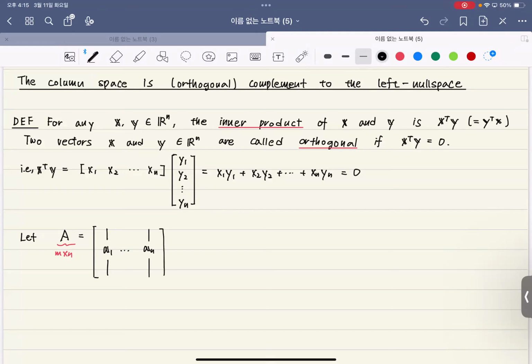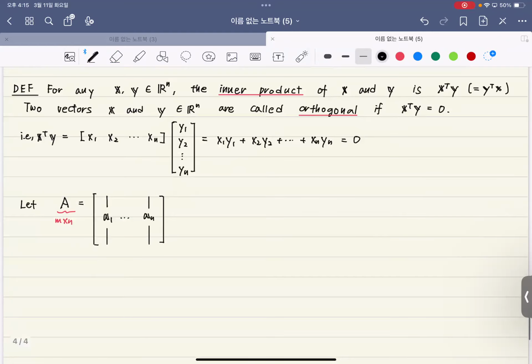This is my matrix A. Then I choose any random vector y from the left null space. In other words, y transpose times A equals 0.